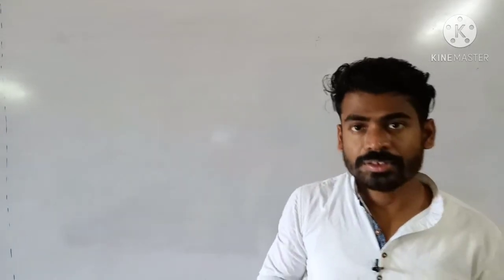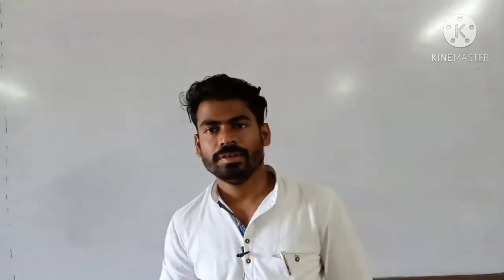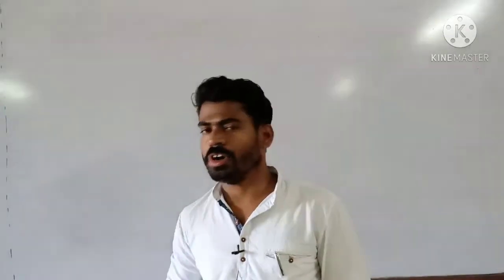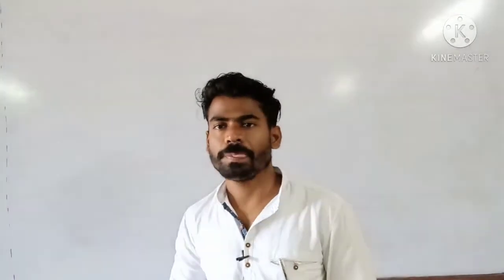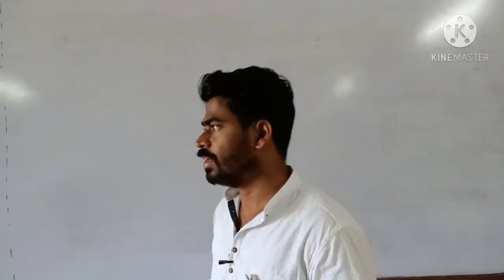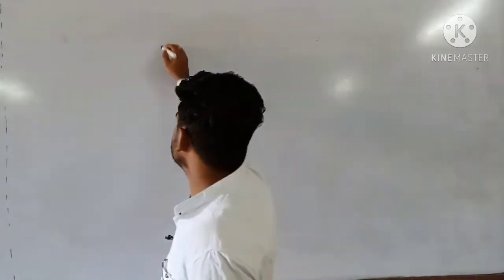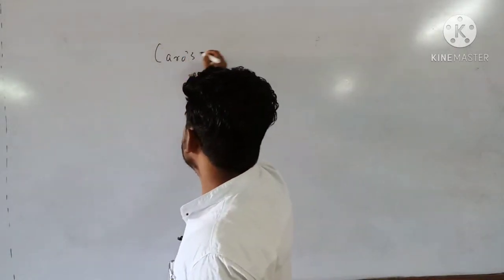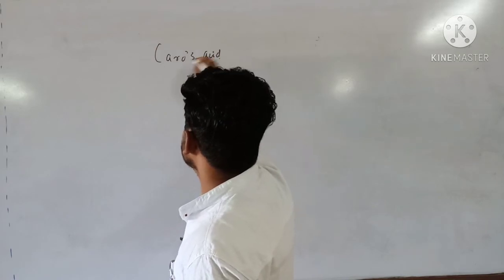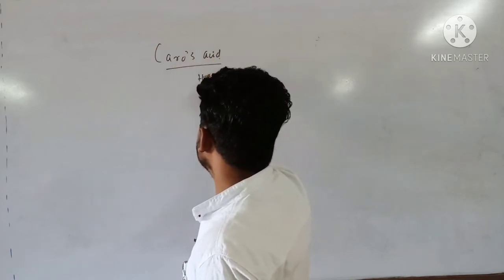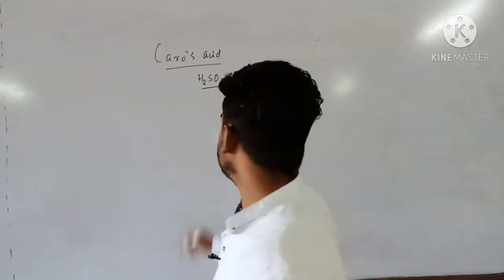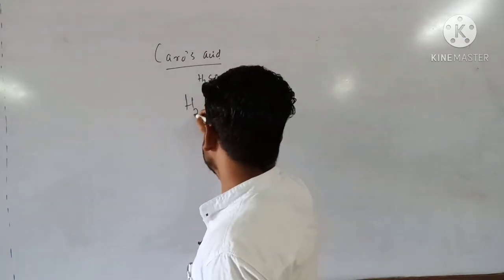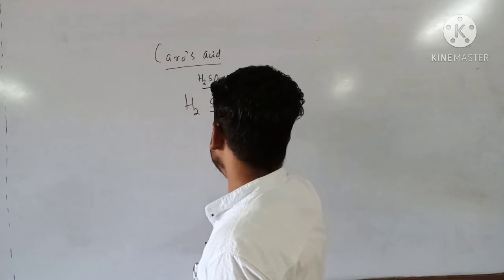Again, there are some molecules where the oxidation number comes out above their group number, which is not possible. For example, consider Caro's acid, formula H2SO5. Here you calculate the oxidation number of sulfur.